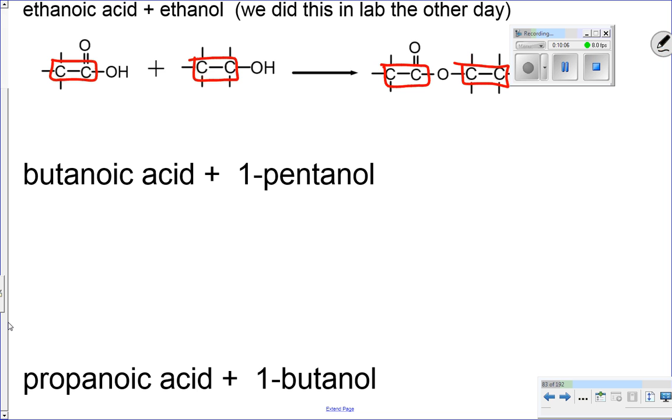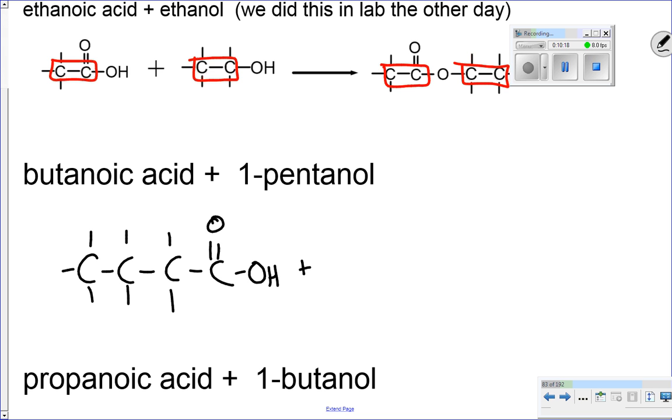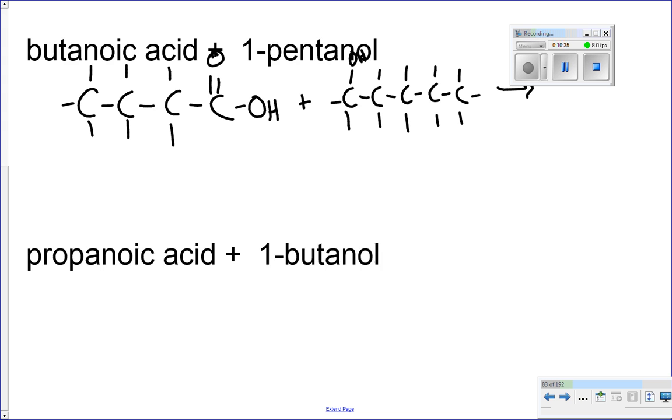So if we imagined we had butanoic acid, so butanoic acid has 4 carbons, plus 1 pentanol, our product here is going to be quite large. We're going to have a total of 9 carbons in it. I'm going to make myself a little more room for this product.